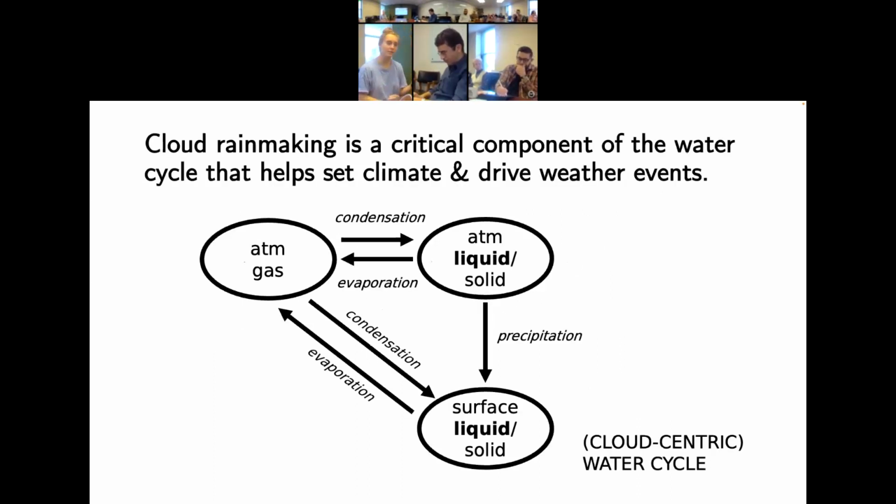So to motivate this work, I want to start from a very simplified water cycle, centered around clouds. We can think about three main reservoirs for water.